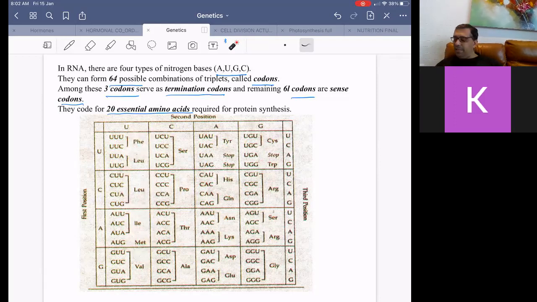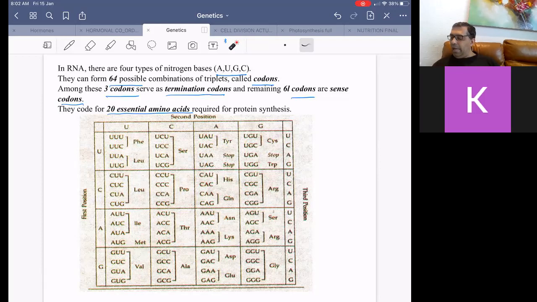AUG, methionine, UGG, tryptophan, one codon codes for one specific amino acid. AUG codes for methionine and UGG codes for tryptophan. तो ये एक एक हो गया.